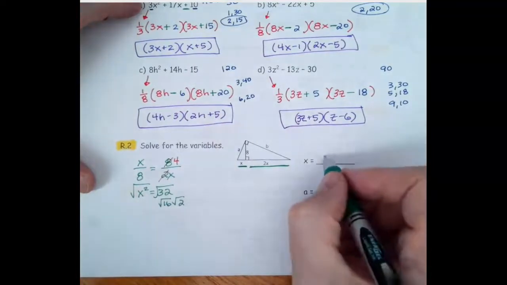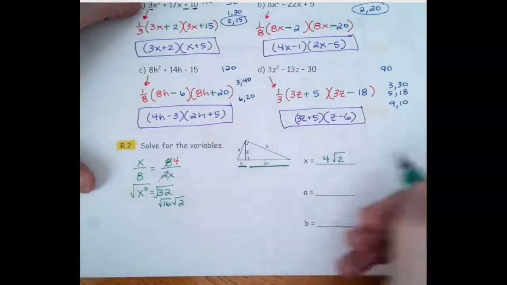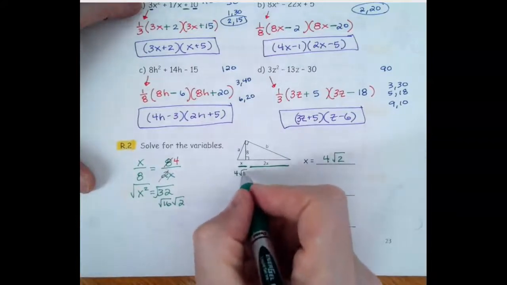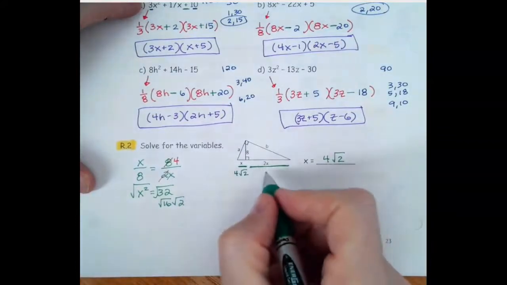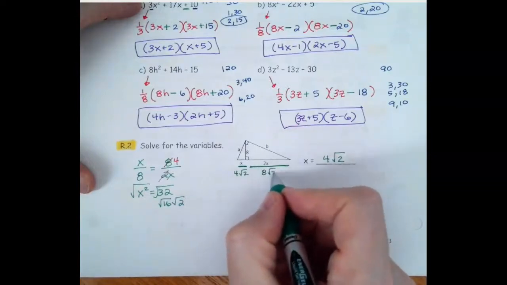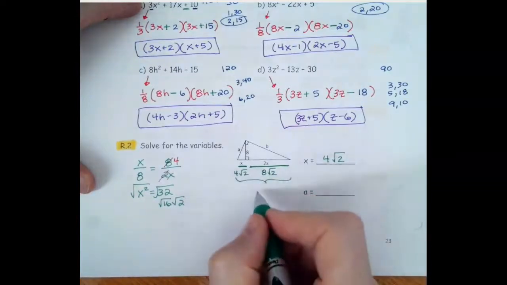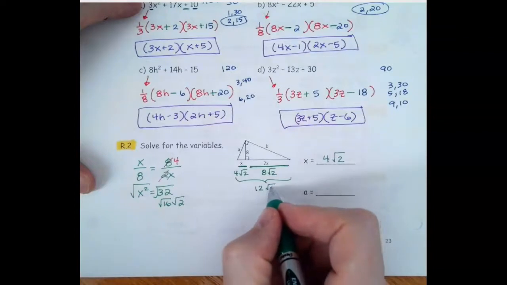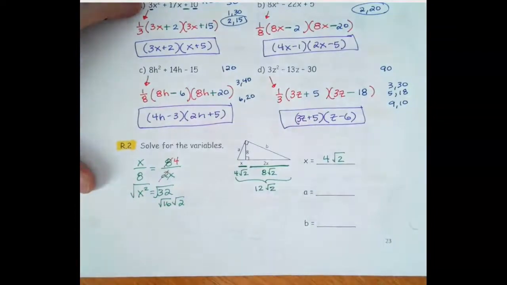So x is 4 root 2. So this is 4 root 2, and this is twice as big as that, so that's 8 root 2. Now this whole thing is going to be 12 root 2, which we need for some of the other relationships here.